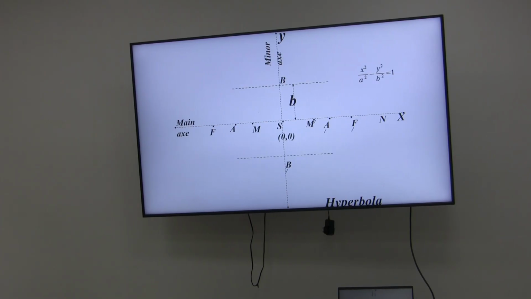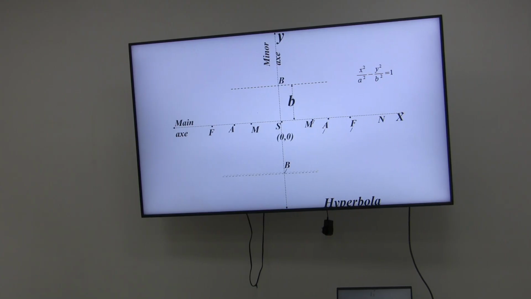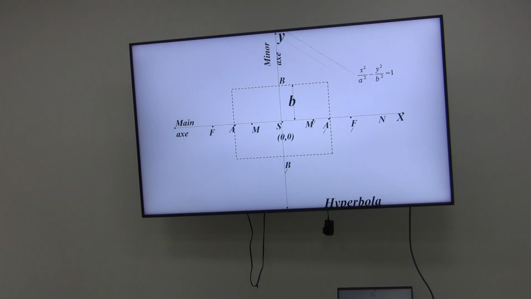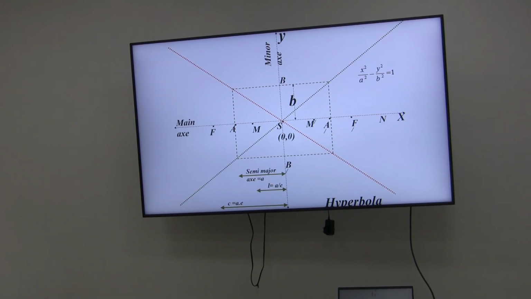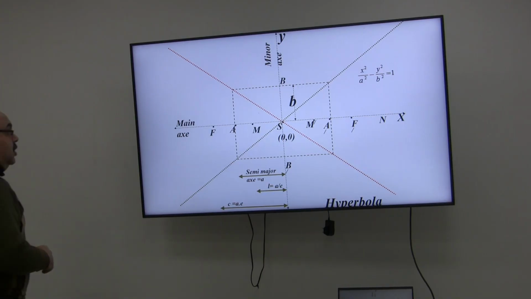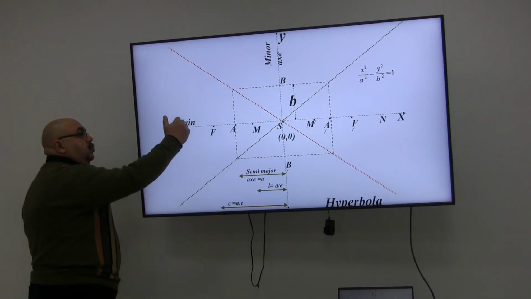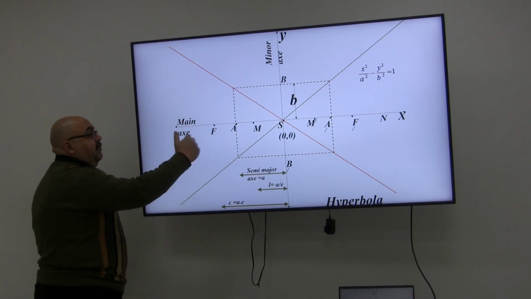Once more, I will start with the x-axis and the y-axis. Then I will put the distances, drawing two horizontal lines at distance b, then two vertical lines at distance a, then drawing the asymptotes, which are actually y equals b over a times x.